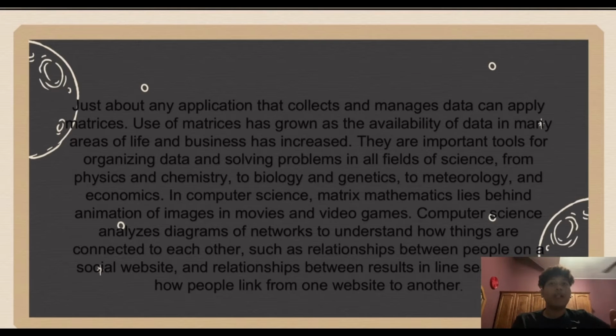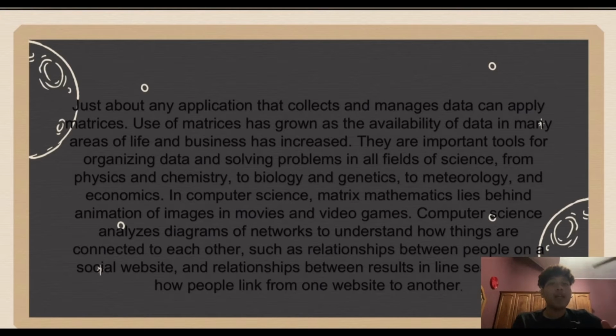Use of matrices has grown as the availability of data in many areas of life and business has increased. They are important tools for organizing data and solving problems in all fields of science, from physics, chemistry, biology, genetics, and meteorology.